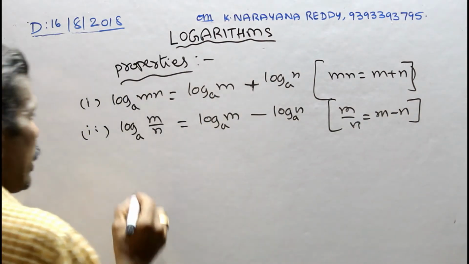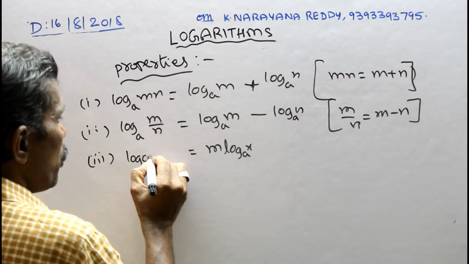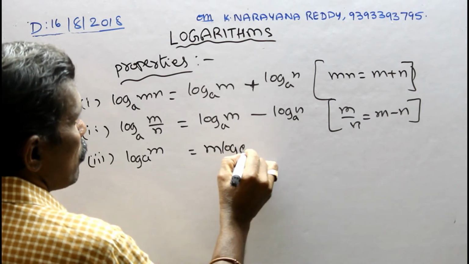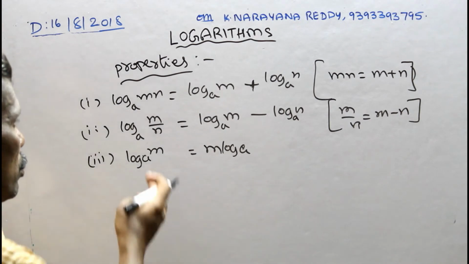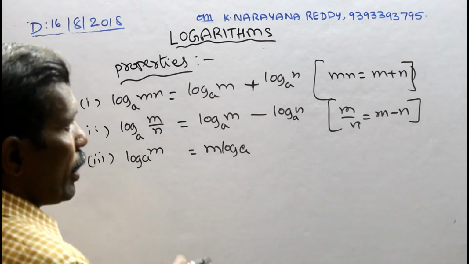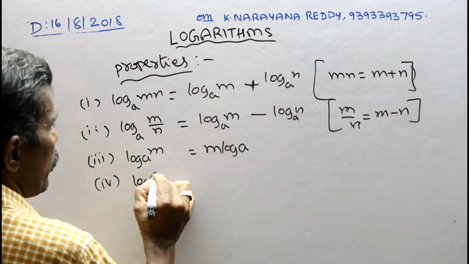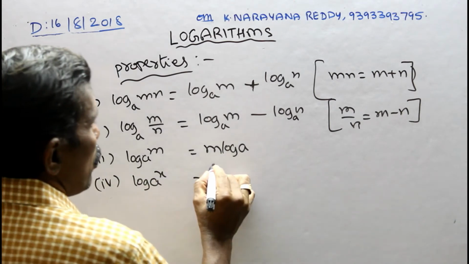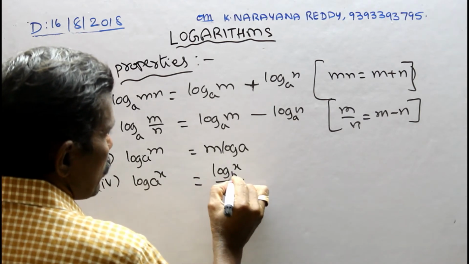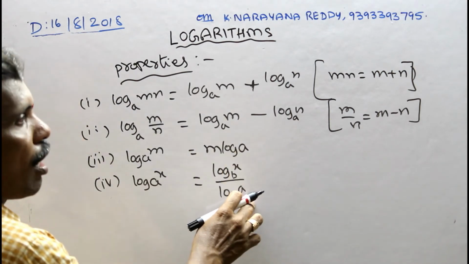Okay. Again, log of a to the power of m equals m log a. So this exponent comes to the front. Next one is log x to the base a equals log x by log a, with the same base b for both.